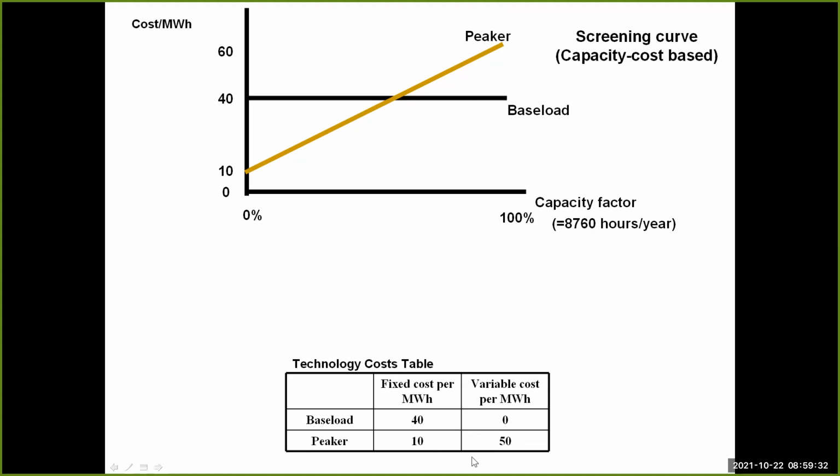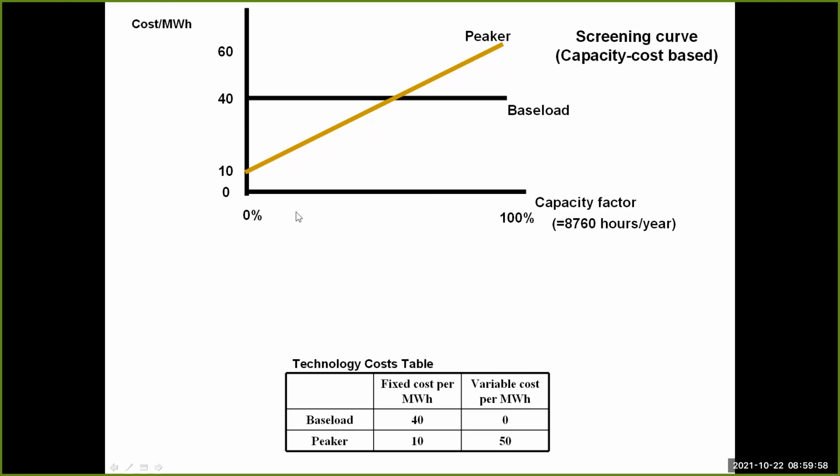If you run, say, 50%, then it's 50% of 50 is 25. 10 he pays anyway. 10 plus 25 is 35. So in the middle he is at the 35 level. It's a percentage only of the variable cost, so it's linear. So we have a straight line. I can just connect the 10 and the 60 here, and I have the line.